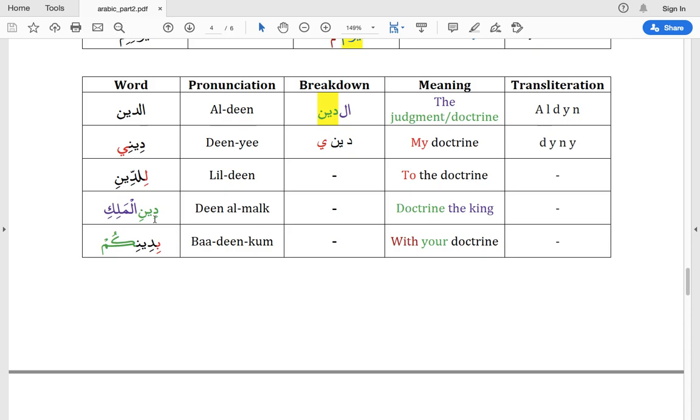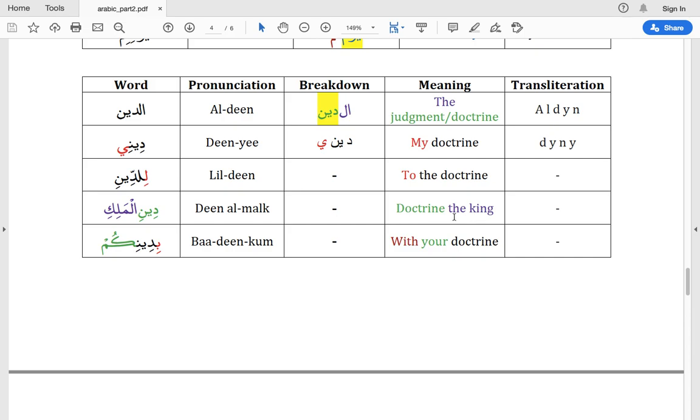Now we're going to add two words together. Deen il mulk. If you want to be precise, it would be deenil maliki. Dini al maliki. But honestly, it doesn't make any difference how you pronounce this. What matters is the meaning. Deen, doctrine, religion. Al Malik, the king.